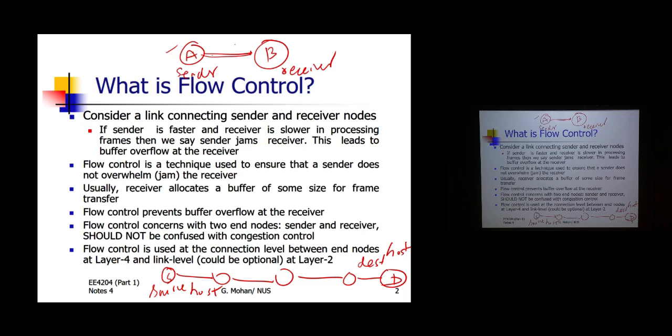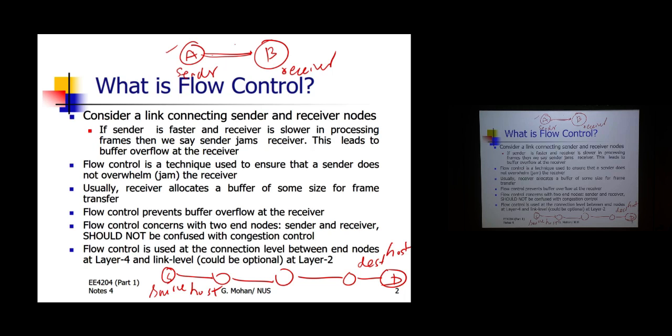But if B is slow, the receiver is slow compared to the sender. What do you mean? Let's say the sender transmits 1000 packets, 1000 frames, per time unit, whether per second or per minute.